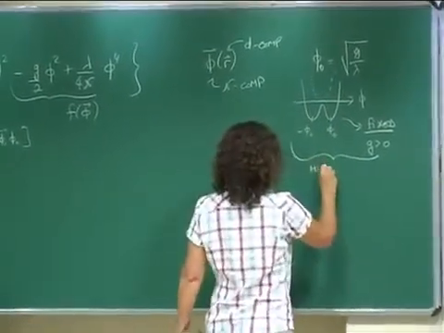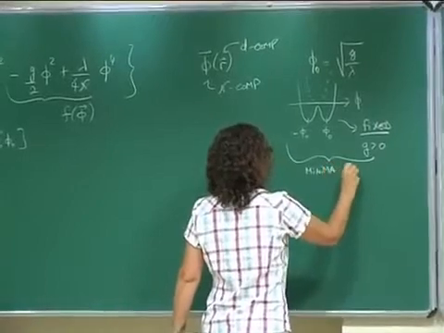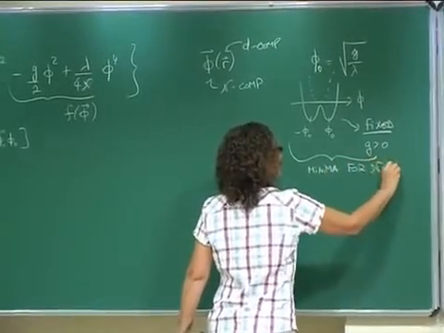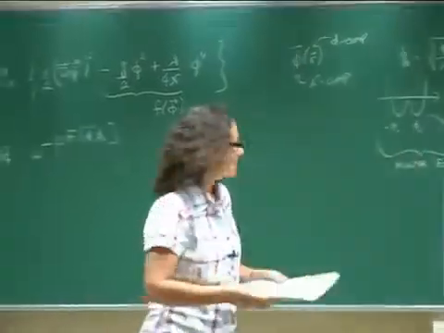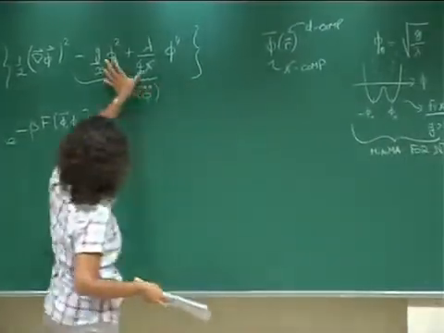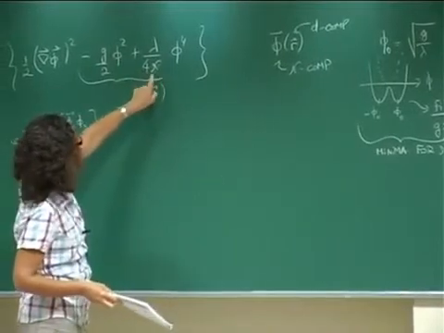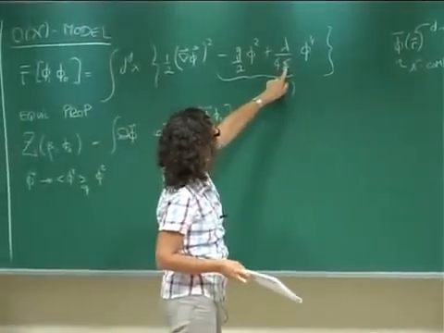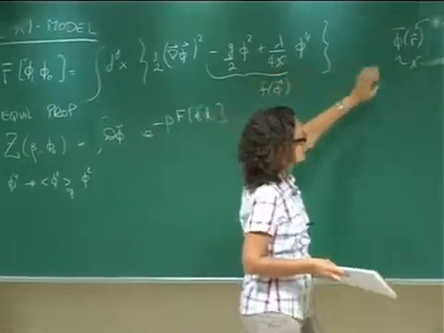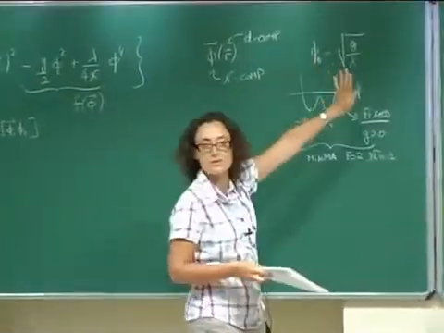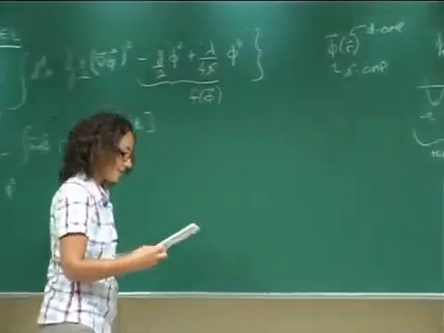So these are the minima for this equal to 1. And I perfectly agree with you that if I took this form of f of phi, the minima would be located in a position that depends on calligraphic n. But I don't want to define phi naught in this way. I want to define it this way because this is what is going to be important next.